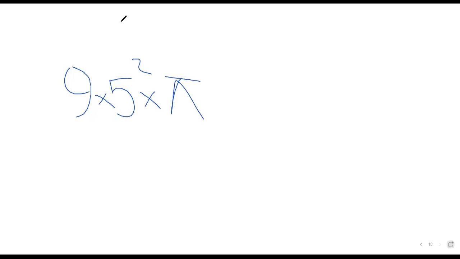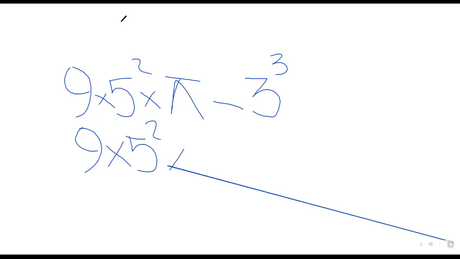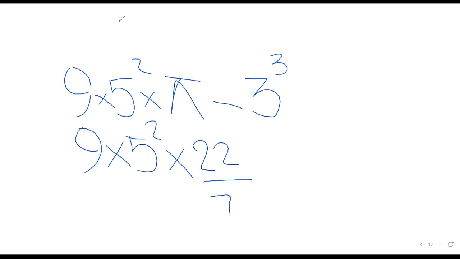What I mean to say is, if you put in the value of pi also, you will get the perfect answer. That is, pi is 22 upon 7 or 3.14, minus this will be 27.